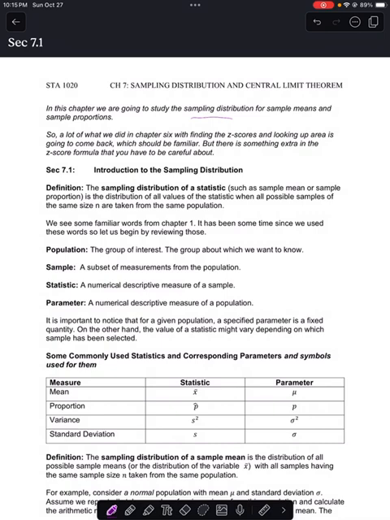suppose you restrict the number of fish, and everyone is taking a certain number, like 3 or 4, let's say. So one person takes 4, and when they take them out, you weigh each fish and then find the average of the weight.